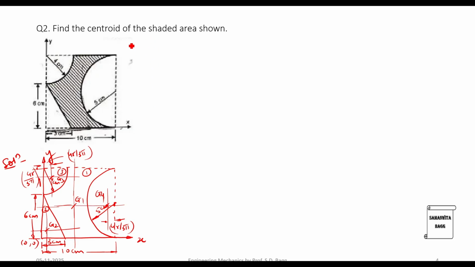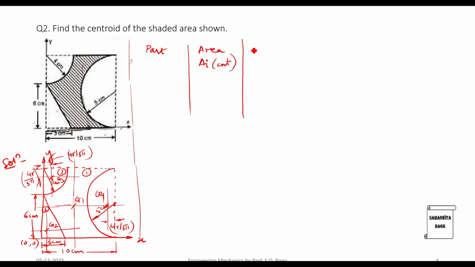Now we will draw the table. The first column is the part, and I have added the serial number here itself. Second is the area of that part, so this is A i, unit is centimeter square. Then we have the coordinates: one is the x coordinate in centimeter, and the second one is the y coordinate, again in centimeter.